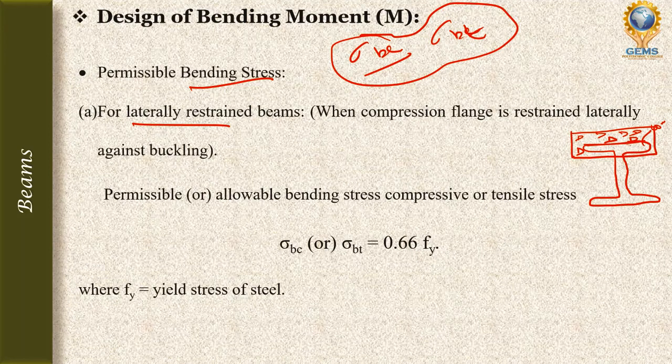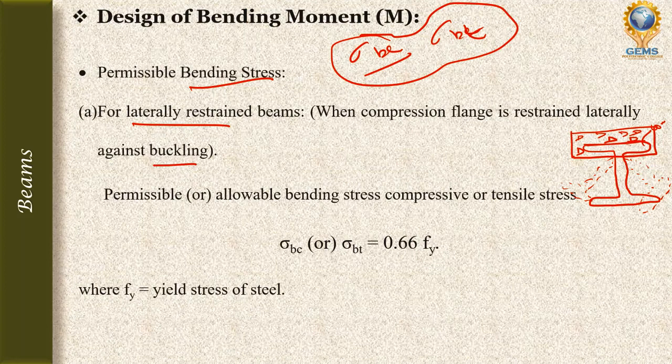It won't move freely in the lateral direction, so it is laterally restrained. The lateral movements are restricted due to the concrete, because the compression flange is inside the concrete. So it will restrain against buckling. Buckling won't much happen in laterally restrained beams.